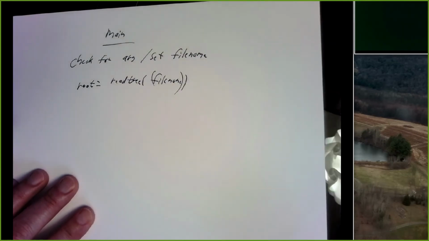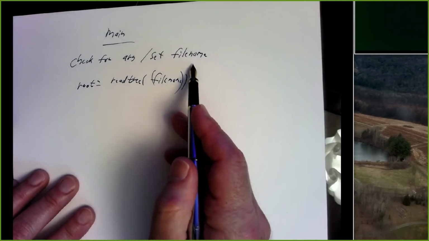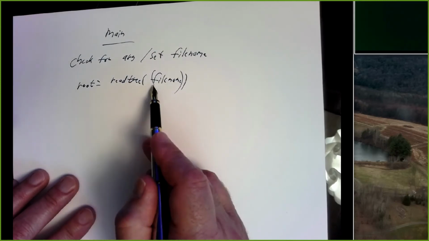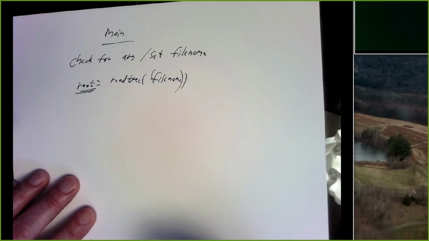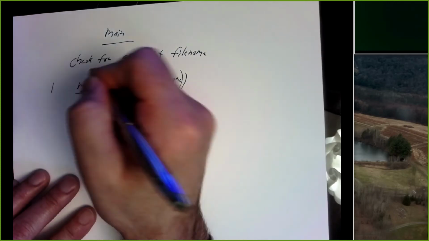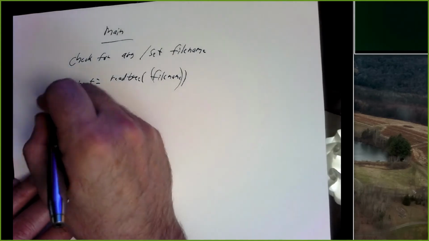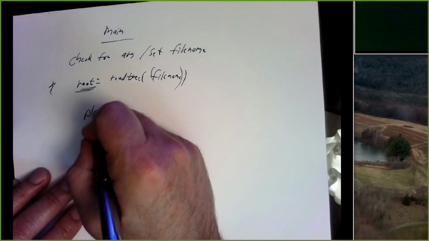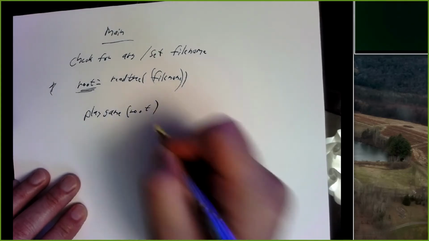This is pseudocode, but first thing, figure out what the file name is that you want to read your tree from, and then use your read tree method in whatever way is appropriate to create a tree, which in this case I'm calling root. So this could be a tree or a node, but get a binary tree, and then play the game with that tree.